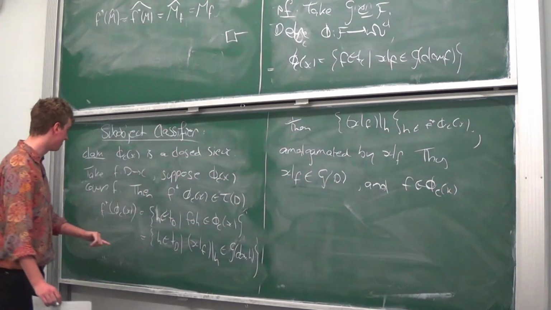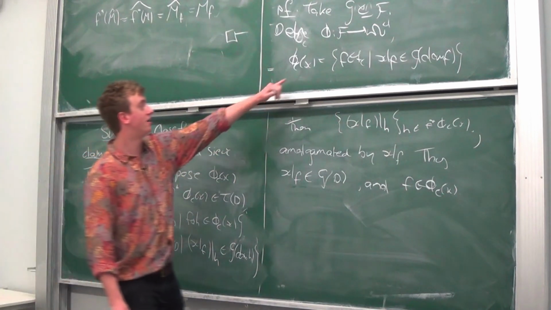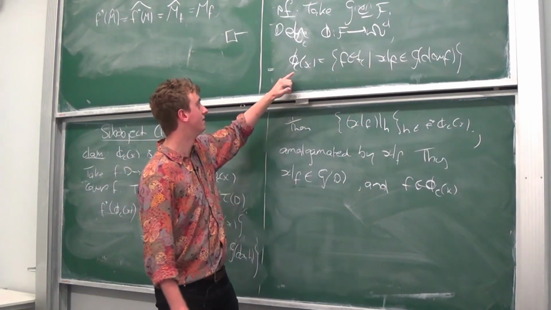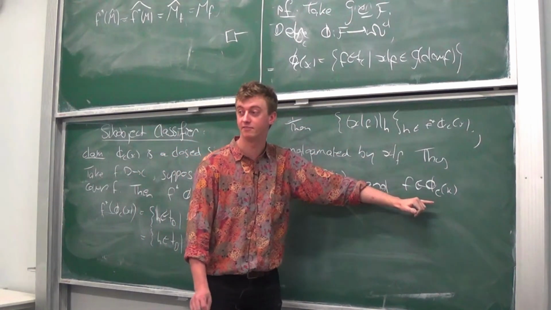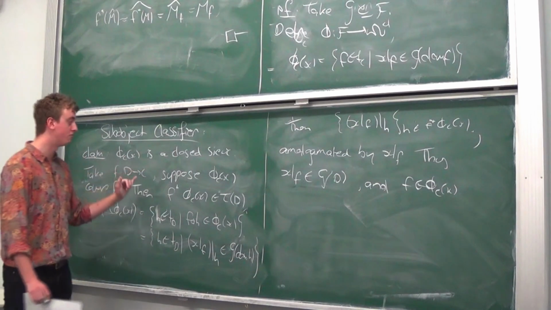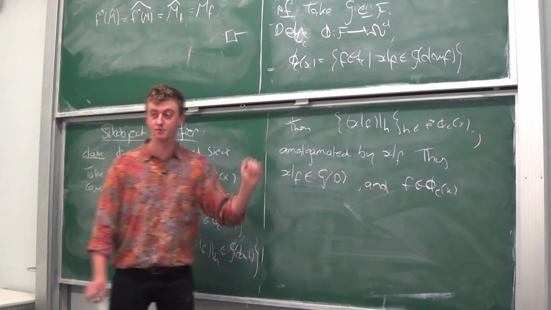But this just means, by the definition of phi C of X, that f is actually in here. So f was in phi C of X the whole time. In other words, if phi C of X covers a morphism, that morphism is inside it, so it's closed.